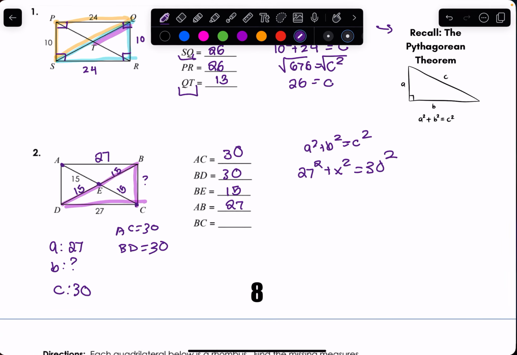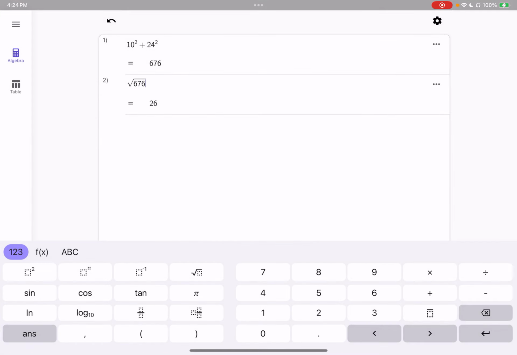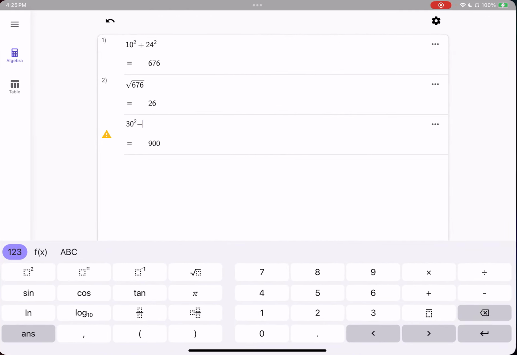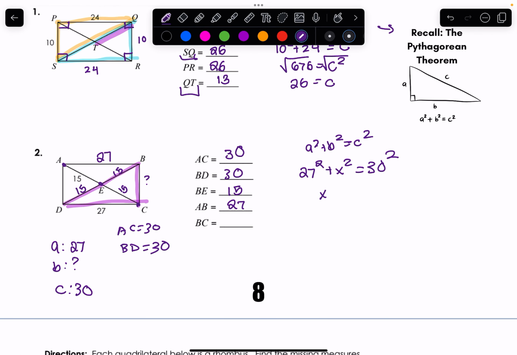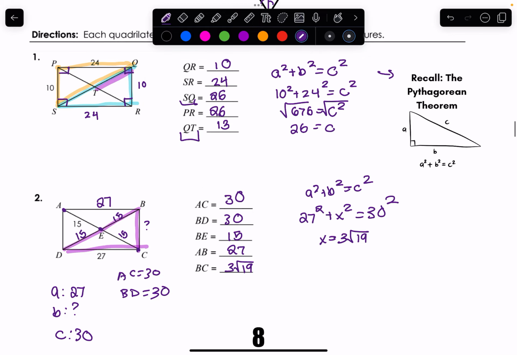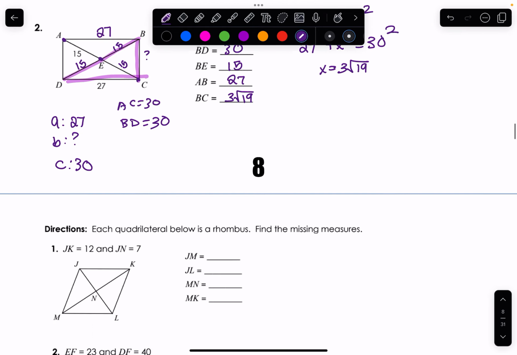Now in your calculator, you're going to do 30 squared minus 27 squared, because when you're solving for a leg, you subtract. Then you take the square root of 171, which is 3 radical 19. So this is using the properties of a rectangle.